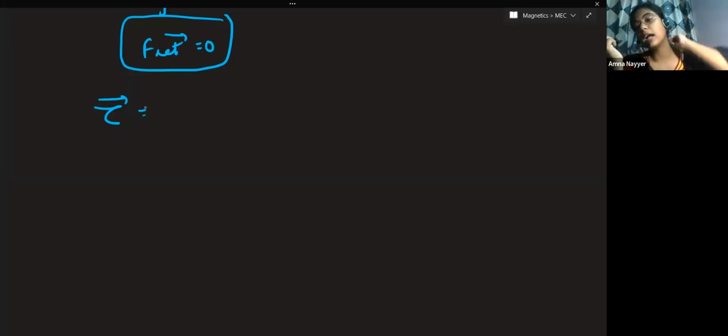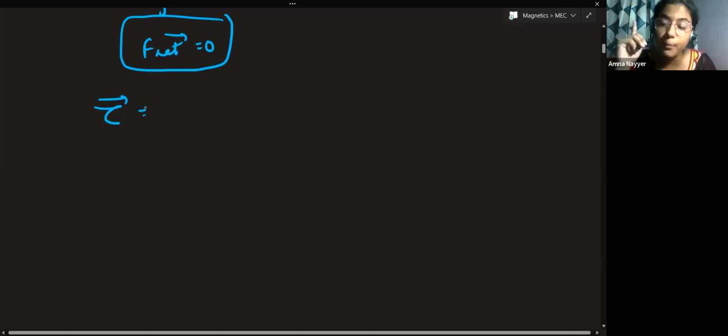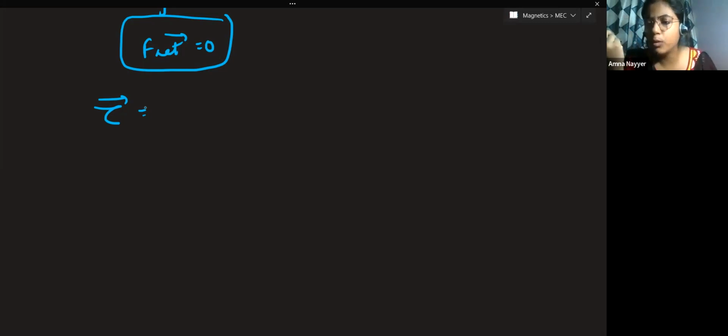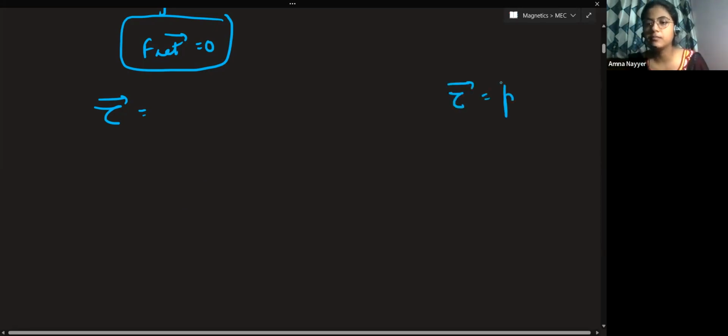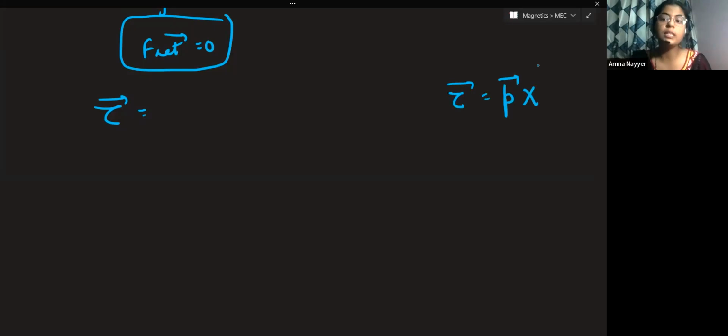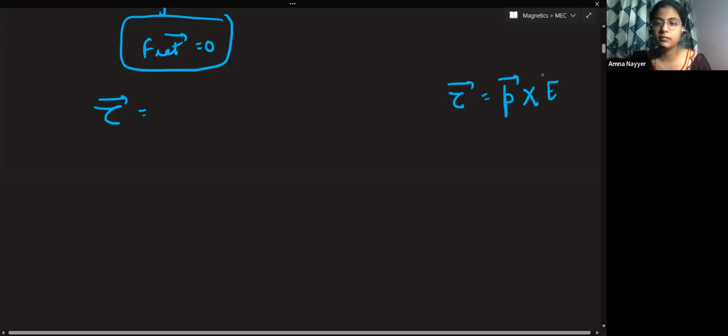Now in electrostatics, we did a formula of torque in relation with dipole moment and electric field. What kind of dipole moment existed in electrostatics? Electric dipole moment, which we denoted with the symbol P, then cross product with electric field.